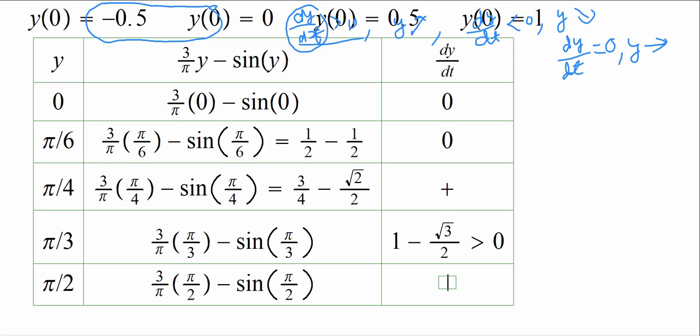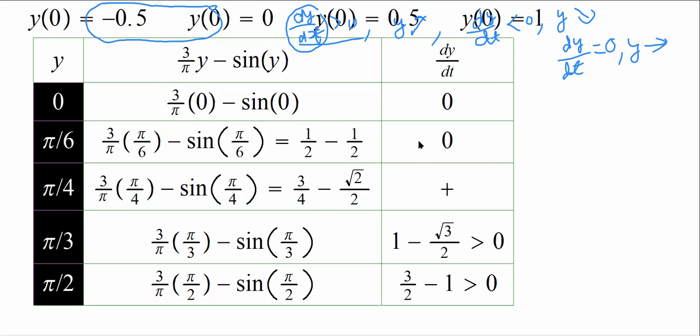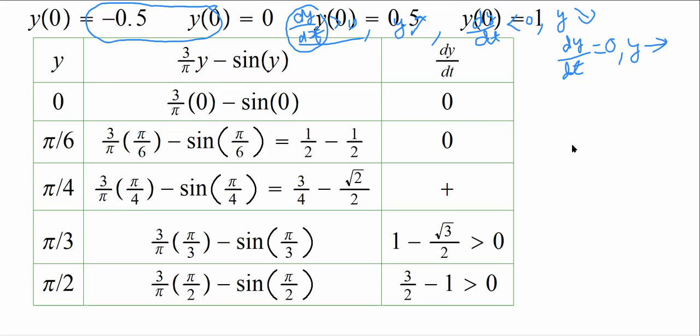You get 3 over 2 minus 1, which is greater than 0. Even if I change the signs of all these quantities, things are just going to reverse. So what we notice is that this value is 0 at 0 and pi over 6, and also at negative pi over 6.